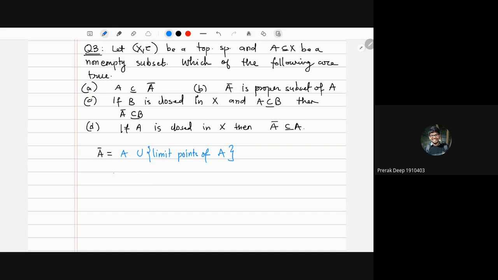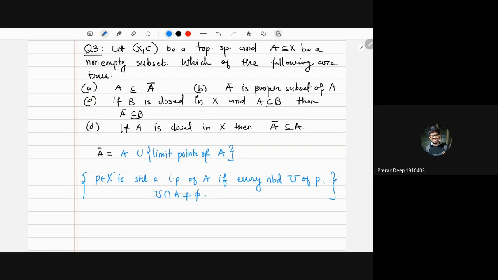P in X is said to be a limit point of A if every neighborhood U of P intersects non-trivially with A. Such a point is called a limit point.